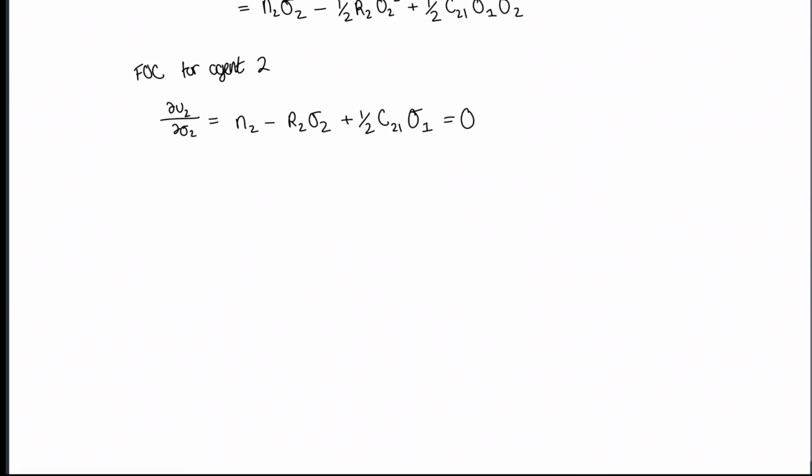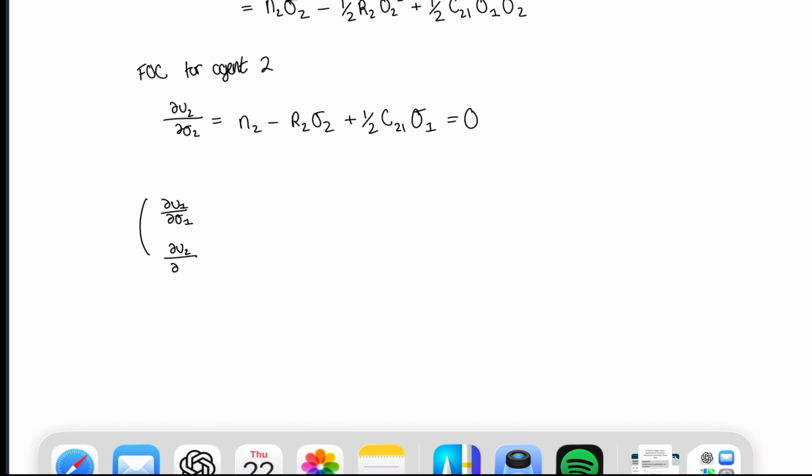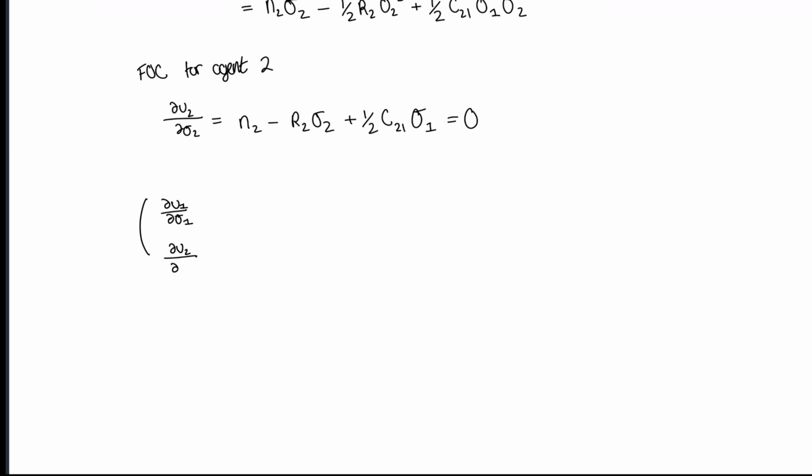So now if we write our first order conditions in vector form, we're going to have the partial derivative of the utility function for agent 1, which was partially differentiated with respect to sigma 1. And underneath that is going to be the utility function of the second agent, which was partially differentiated with respect to sigma 2.